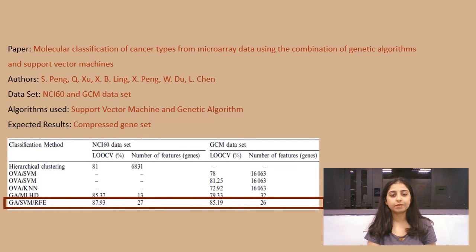Another study attempted to classify cancer types based on microarray data through GA combined with support vector machine algorithm. Authors Peng and others discuss the need of developing a mechanism that can identify multiple types of cancer based from biological data of genes.